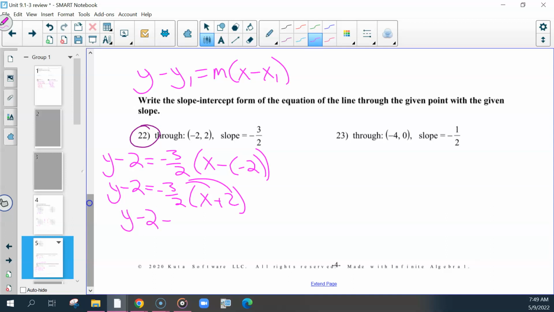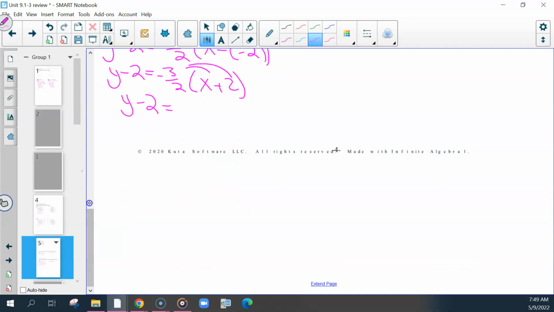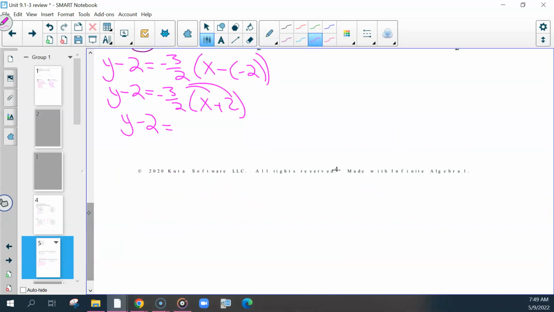So y minus 2 equals, what would this be? Negative 3/2 x and then minus 3.